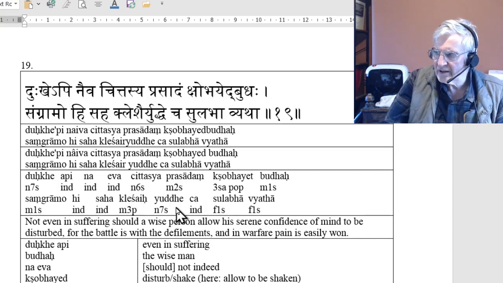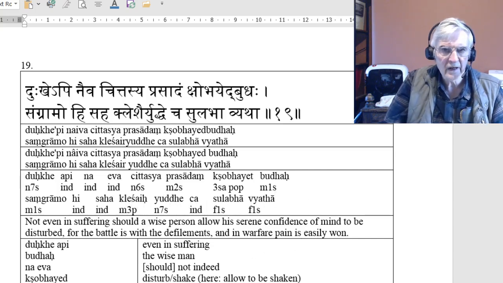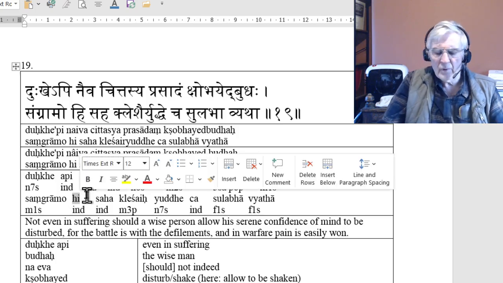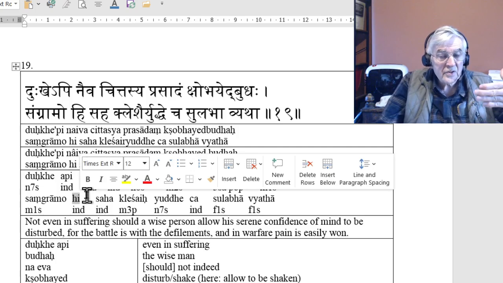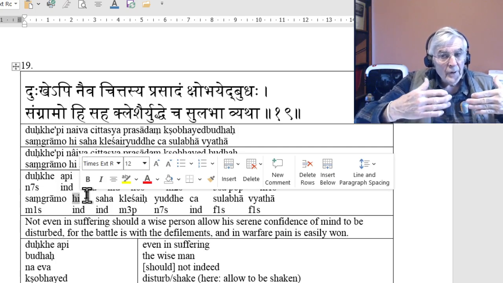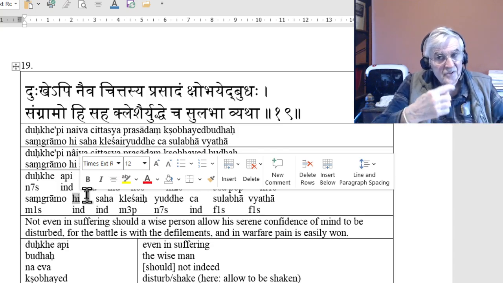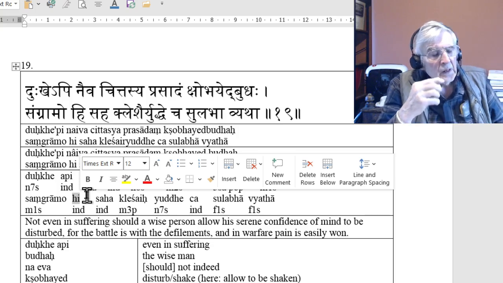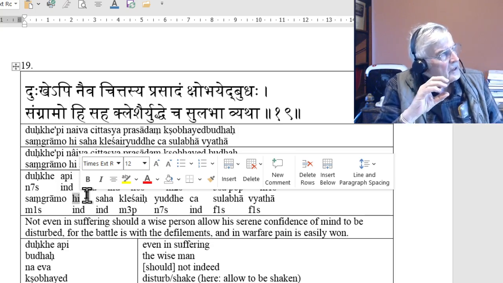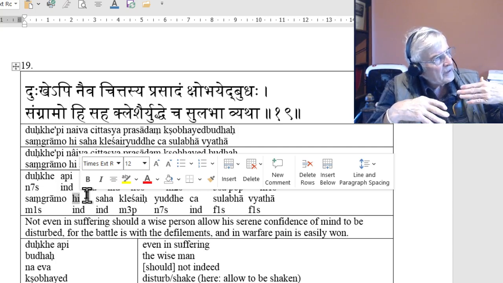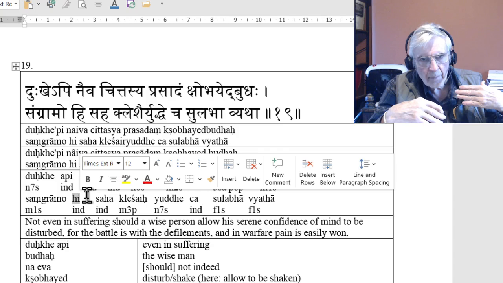Sangramo hi saha kleshair yuddhe cha sulabhavyatha. This particle hi here, when you have one proposition, one statement, followed by another statement, and that statement has hi as the second word, this hi often has the meaning of for or because, or it reinforces the first statement by giving a reason for it.